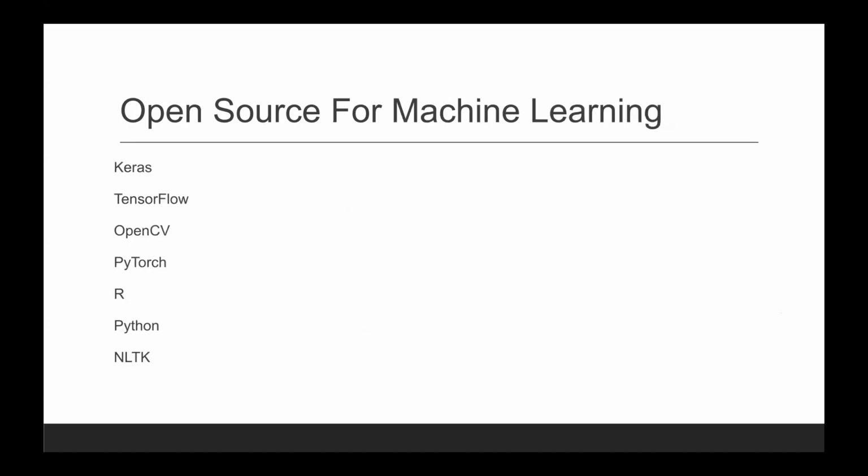Then we come to open source for machine learning. As we have mentioned, we have Keras, TensorFlow, OpenCV, PyTorch. Python itself is a language which is maintained by the open source community. Then NLTK, this is the package used for natural language processing. TensorFlow, a library maintained by Google, completely open source.